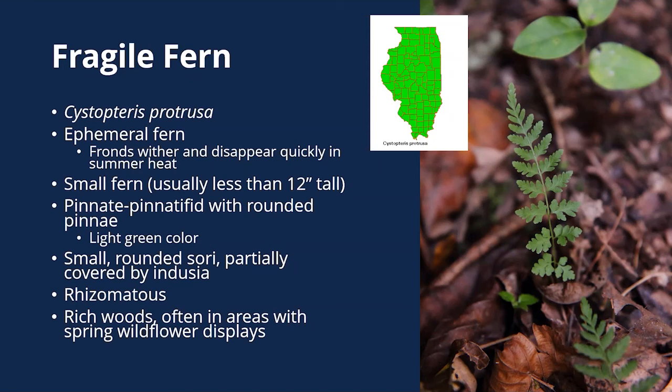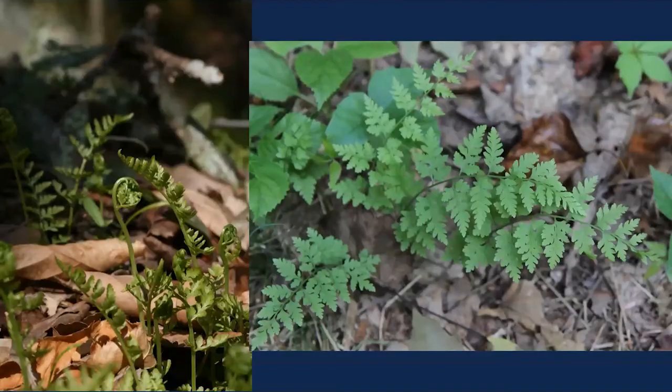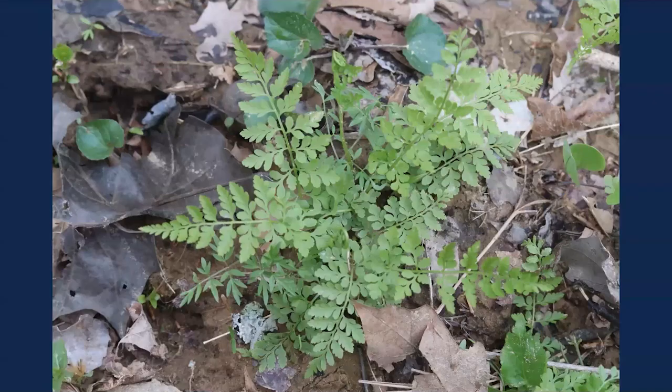It's also rhizomatous, so you'll see big patches of it, and it occurs in areas where you have those spring wildflowers. Again, this comes out early. It's out right now in Southern Illinois, and then as summer approaches, it'll wither away and often disappear from the landscape. Very small, very delicate fern, very highly dissected. It almost looks like a common ragweed leaf. But a neat fern. You'll see them out there quite a bit, especially this time of year.